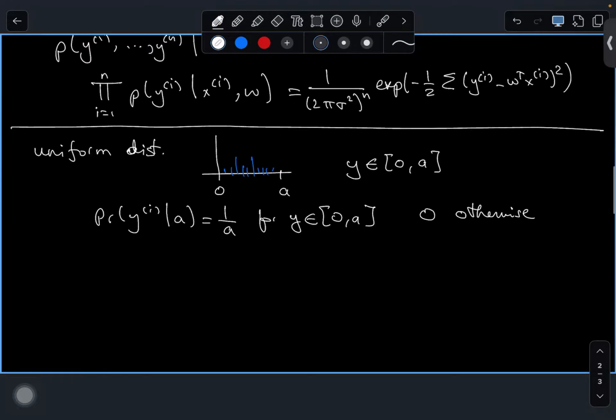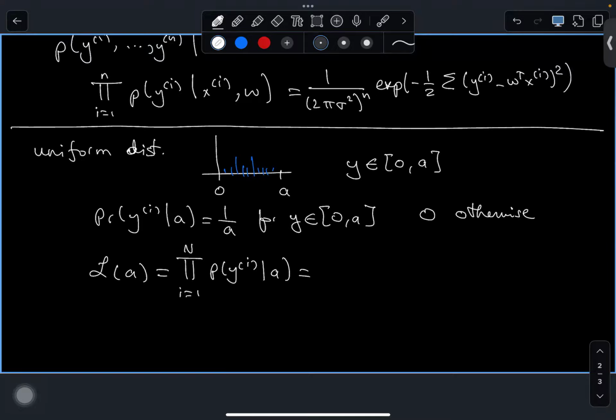The likelihood of seeing any data point Y is 1 over A, unless A is smaller than the largest data point. So the likelihood of the parameter A is just going to be the multiplication of these probabilities. The product from i equal to 1 to, let's say, n data points, which is 1 over A to the n, right?